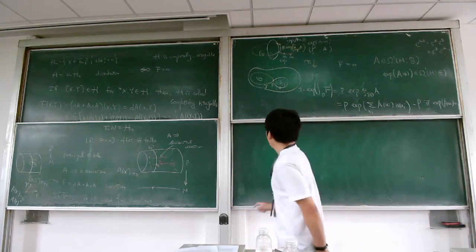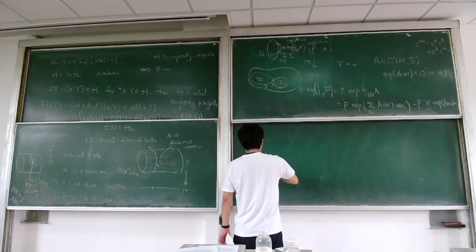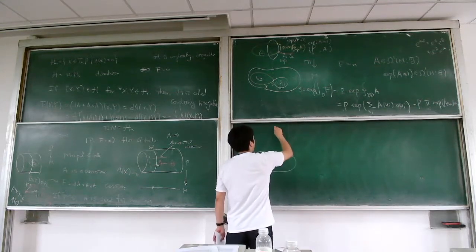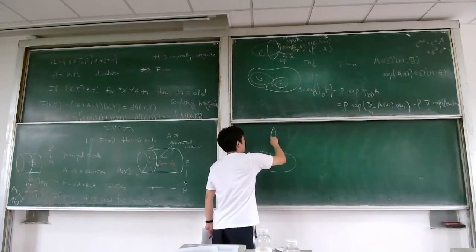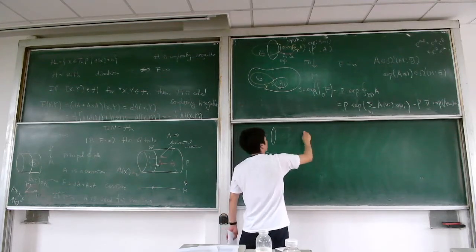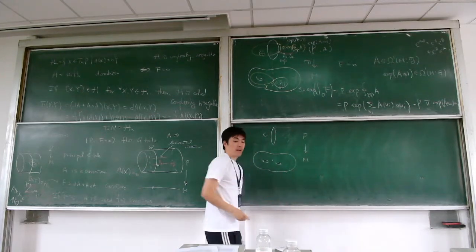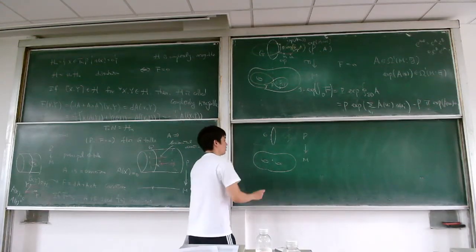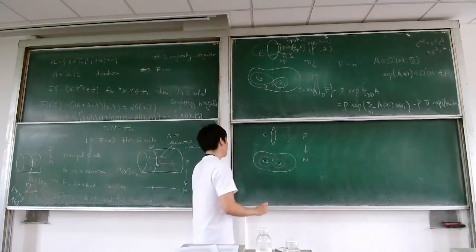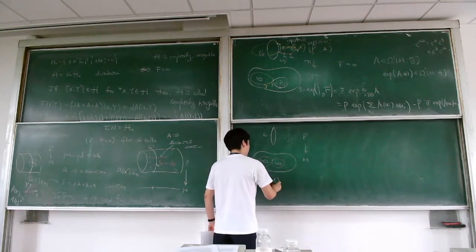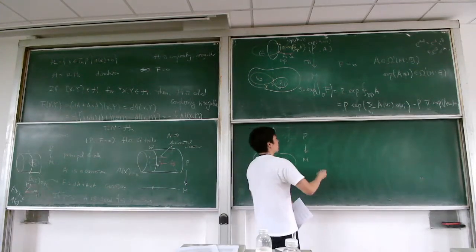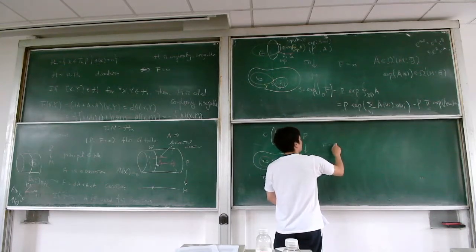So let me write down a bit more precisely. What we have is the point P here, and you have a fiber G. We just assume some principal G bundle over a base manifold M, and then you have a non-trivial cycle, which is a generator of pi 1 of M. And you have a flat connection, F equal to 0.